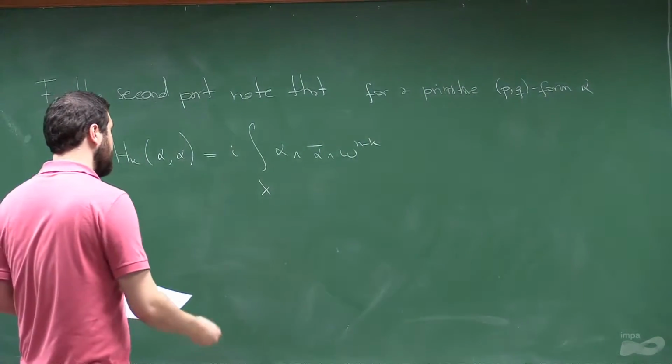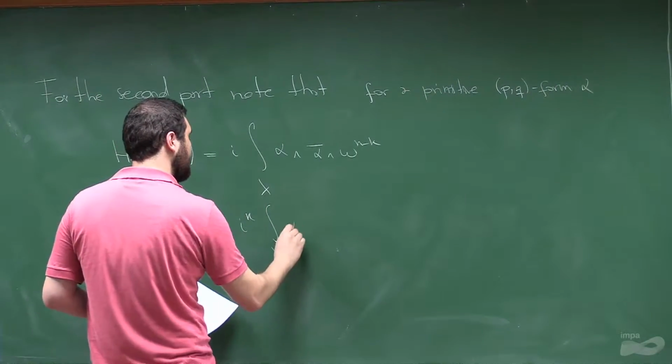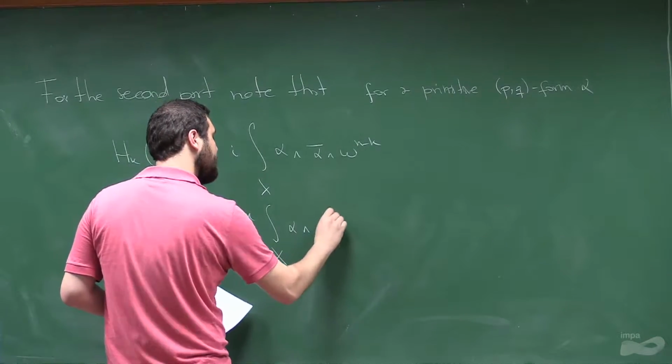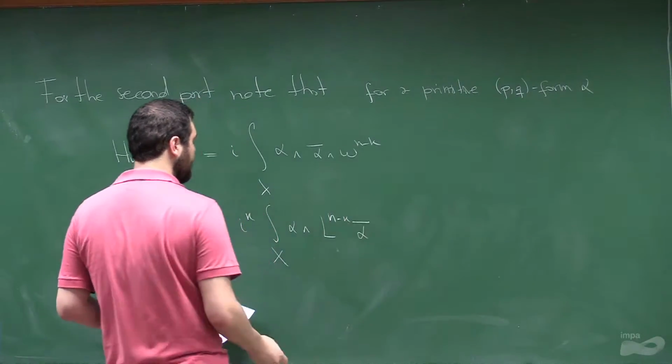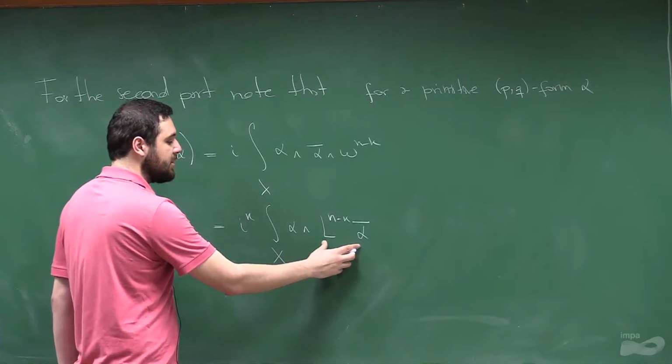And this will be equal to i to the k, integral over X of alpha wedge the Lefschetz operator to the n minus k applied to alpha bar. And we already computed this, well, we know how to compute this.